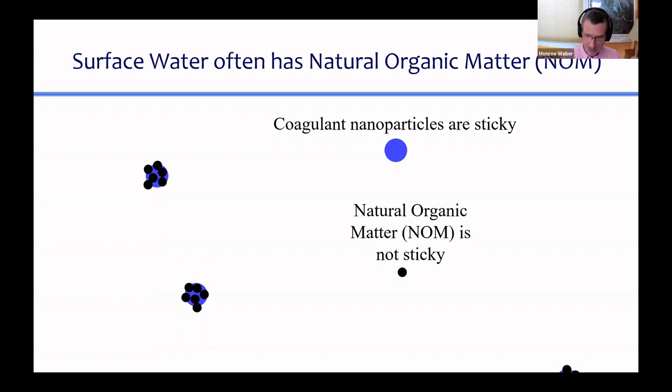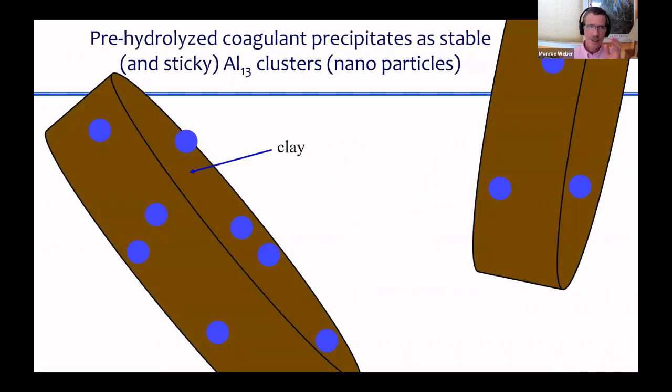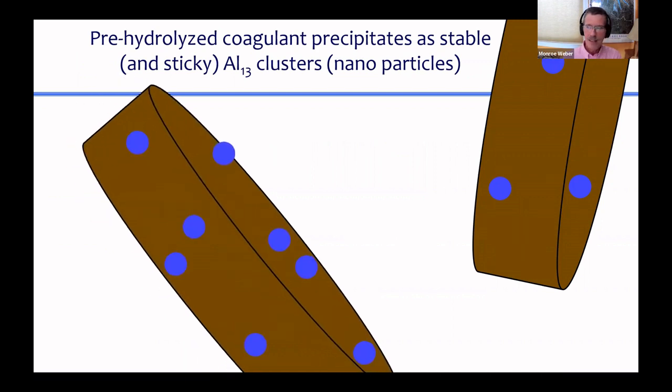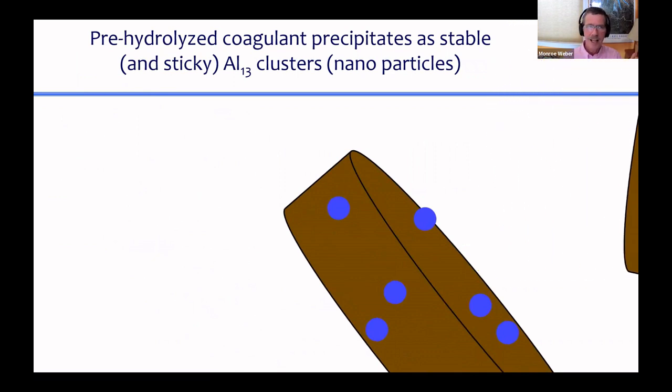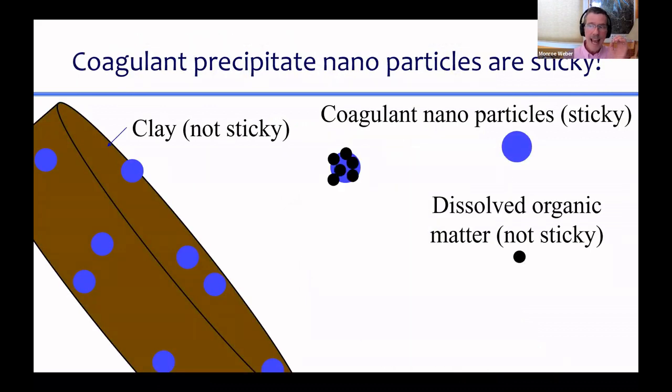So this means that if we take these clay particles that we're coating with coagulant nanoparticles, those might not stick because they don't hit at a place where there's a coagulant nanoparticle. But when we add these coagulant nanoparticles that are themselves coated with dissolved organic matter, they don't stick to each other.